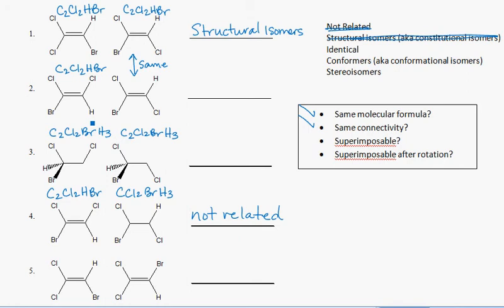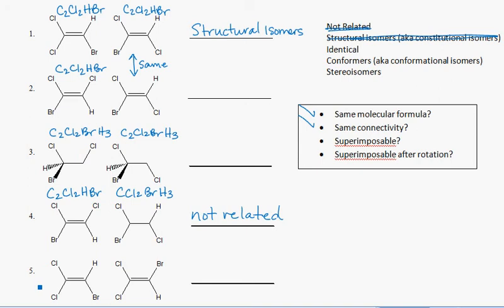If we do the same thing with pair number 3 and try to make the two molecules superimpose, we get everything attached to the first carbon to match up. But if we look at the chlorine on the second carbon, it's up in the first one and it's down in the second one. They will not be superimposable without doing some kind of rotation, which if they're identical, you cannot do.